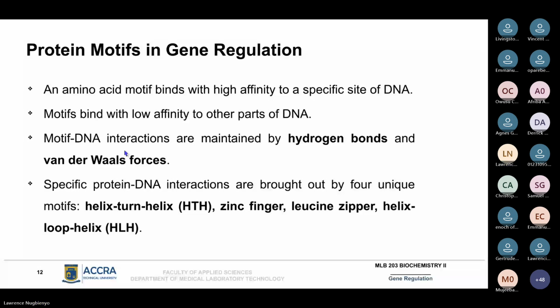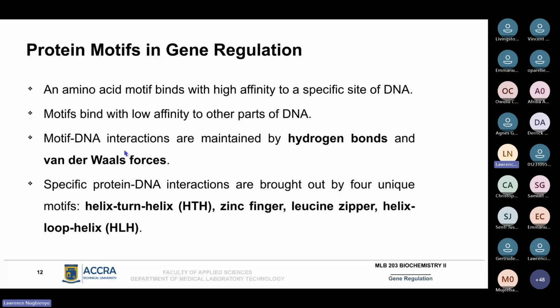In the same way, we have just talked about proteins interacting with DNA molecules, proteins interacting with nucleic acids, forming complexes which result in either activation or inactivation. Now, the question you have to ask is, which specific portion of these proteins has that interaction with the DNA molecule? It's just the same as the interaction of enzymes with their substrate.